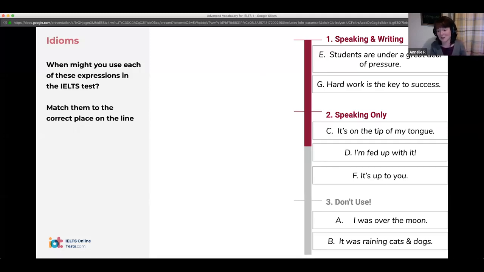There's lots of things you can say, but please don't say it's raining cats and dogs. Similarly, over the moon, it's just been used too often. Overjoyed sounds great. C, D, and F are a bit more normal. We would use those more often. And E and G are formal versions, if you like, of the idioms. So they can work very well.